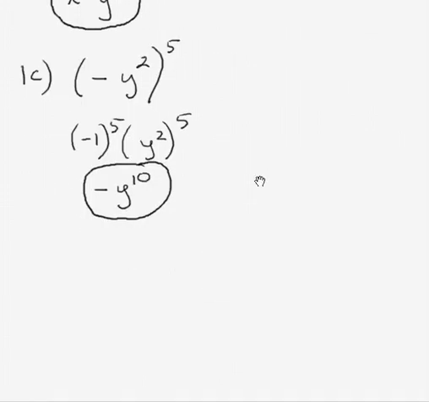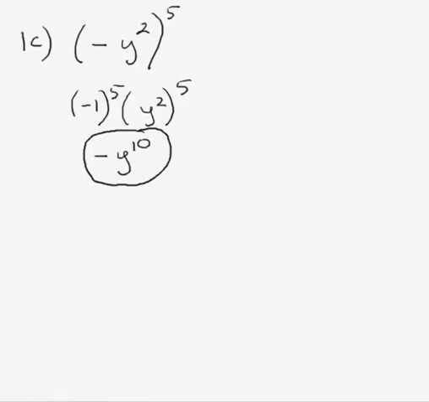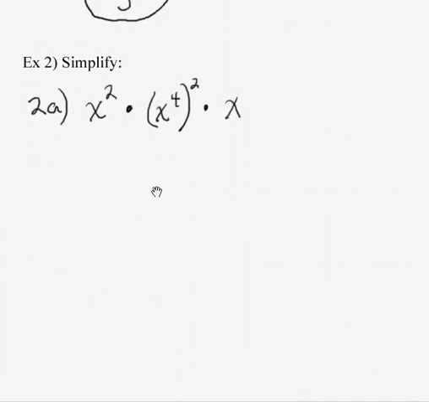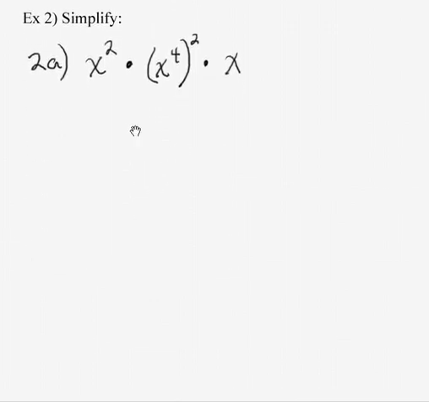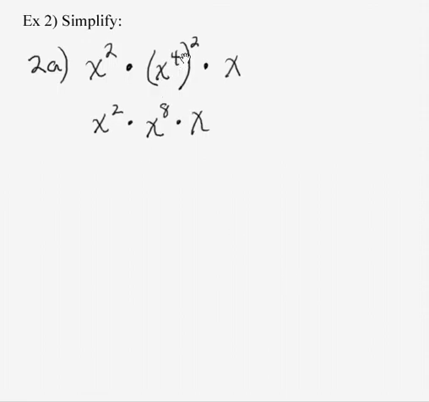All right, continuing along with another numerical example, we're going to simplify three monomials being multiplied. X squared times x to the fourth, that quantity squared, times x to the first. Let's do this base raised to a power raised to another power first. So x to the fourth, that quantity squared, we multiply our exponents. 4 times 2 is 8.